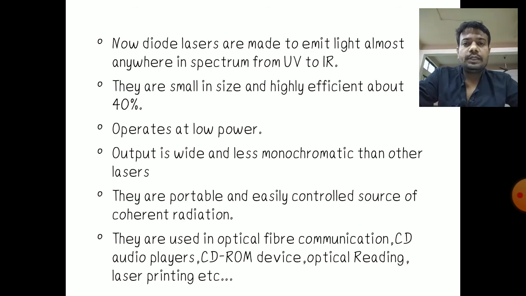In the case of a semiconductor, you know that there are two types of bands, the valence band and the conduction band. If we increase the electrons in the conduction band and the holes in the valence band, this process is known as population inversion, which we will see in the next video.